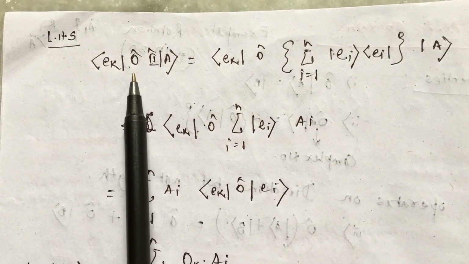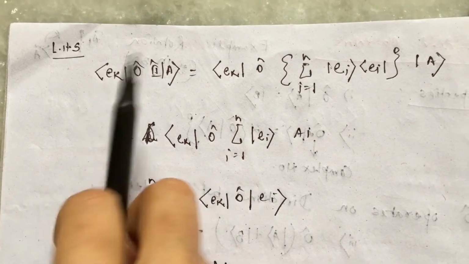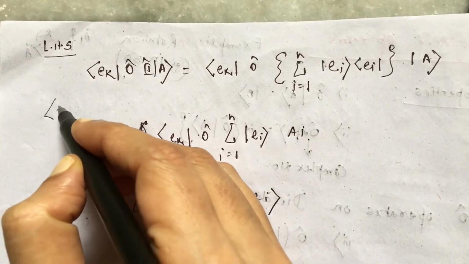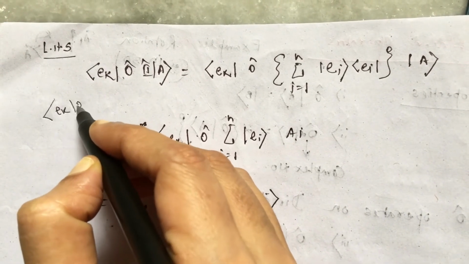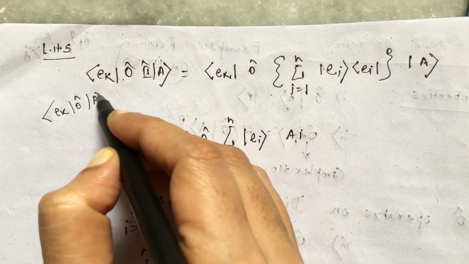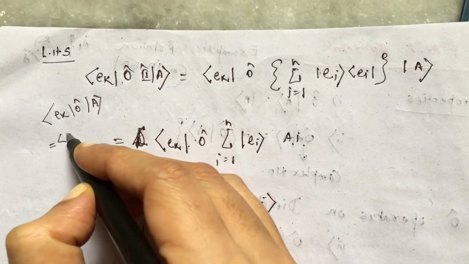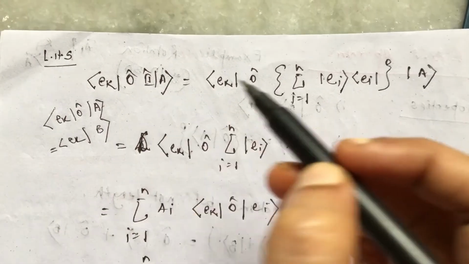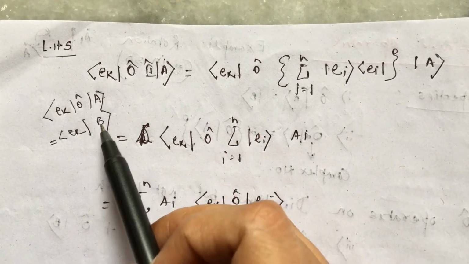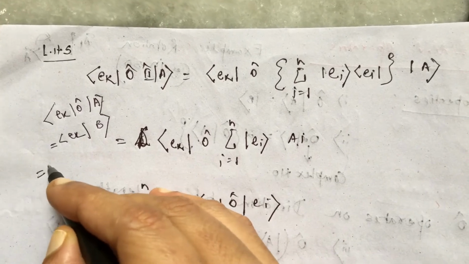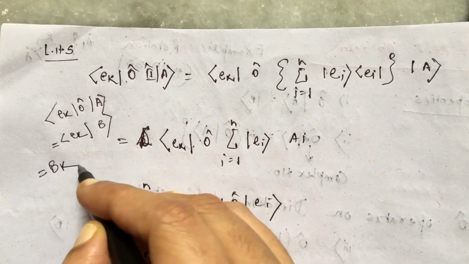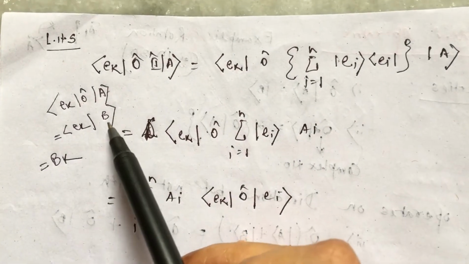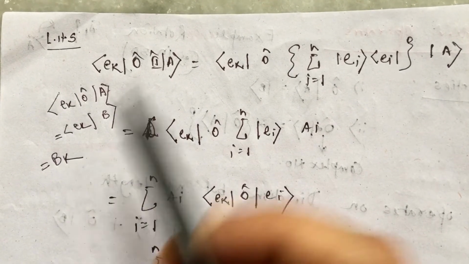First I am using this, because I have shown that <Ek|OA> equals <Ek|B>. Now OA is by definition B, and by the method of finding the component, you can have a look there.